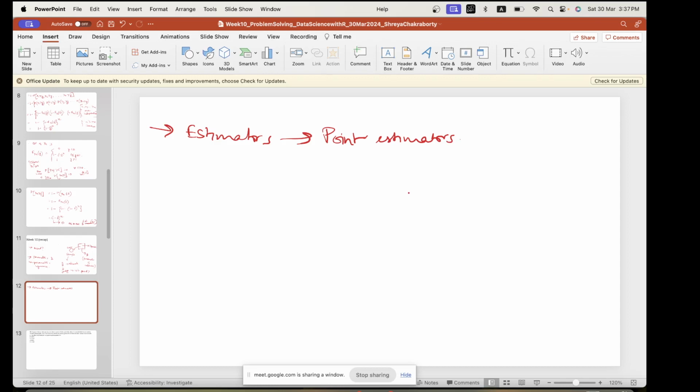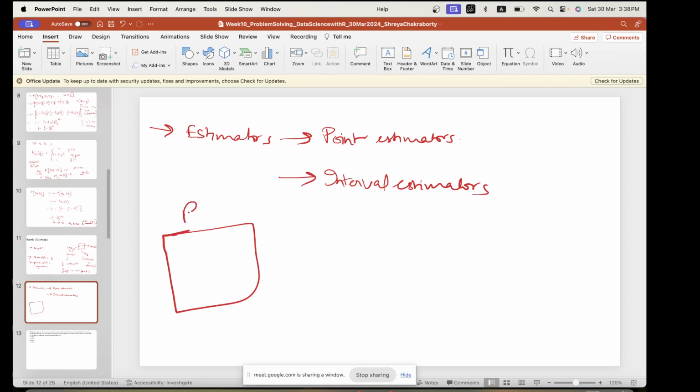There are two kinds of estimators, point estimators and interval estimators. If this is my population of interest, let's say P, and here theta is my parameter, I want to specify what the value of theta is. If I say that theta is equal to 5.23, then this is an example of a point estimate.